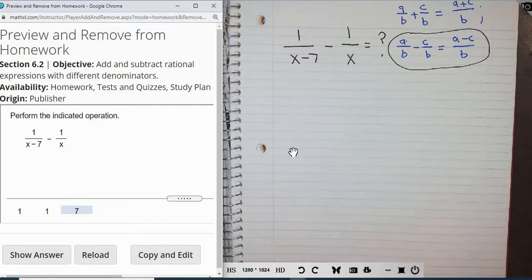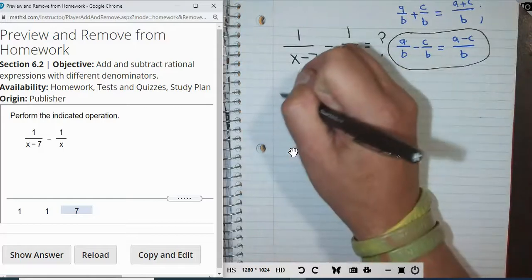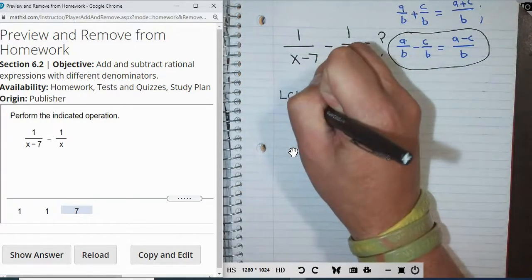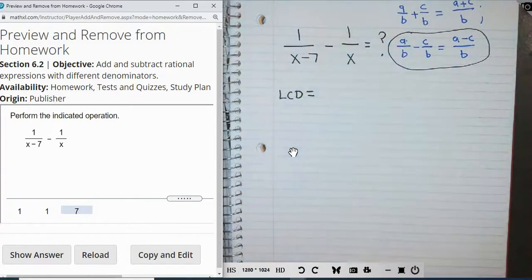In other words, what we're looking for, again, is a least common denominator. So let's first ask ourselves, what is this LCD going to be? So remember, the LCD is the product of the factors in all the denominators raised to the greatest power occurring in any denominator.